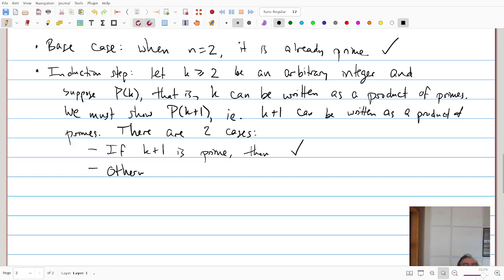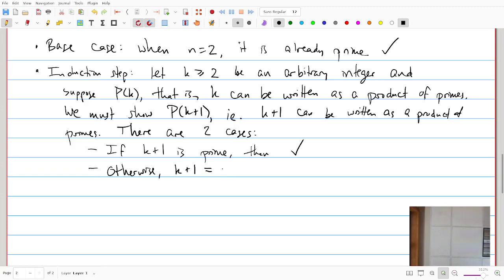Otherwise, we can say that k plus 1 is not prime, so it has some factors. The definition of being prime says it's only divisible by itself and 1. So if it's not prime, there must be some other divisor that it has. We can't just say, oh, you can factor it into primes.